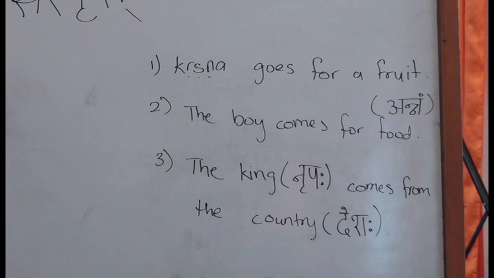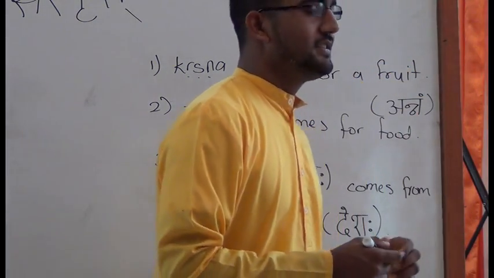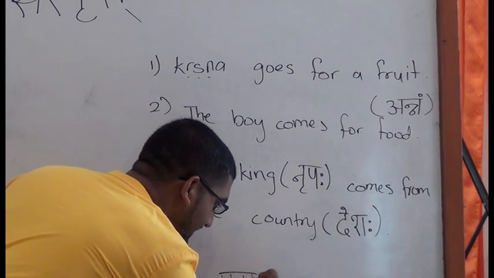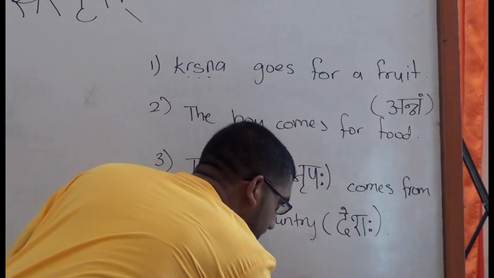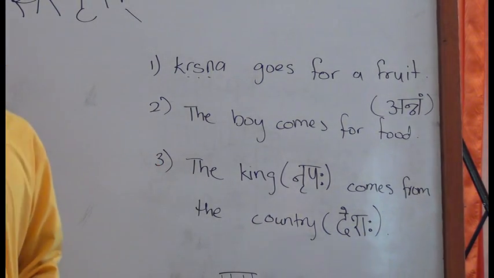Very good. I was waiting on that question. We do not have the word for come, but do we have the word to go? So the wonderful thing about Sanskrit is that to come is to go, but there is something called upasargas.